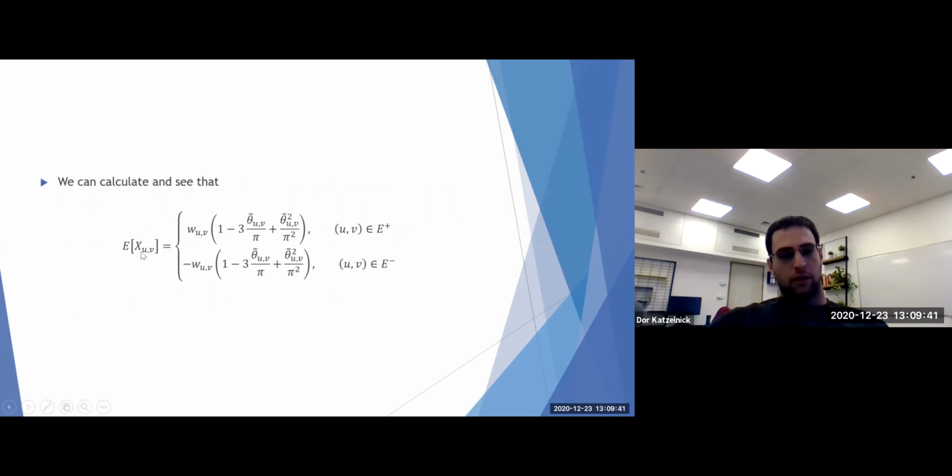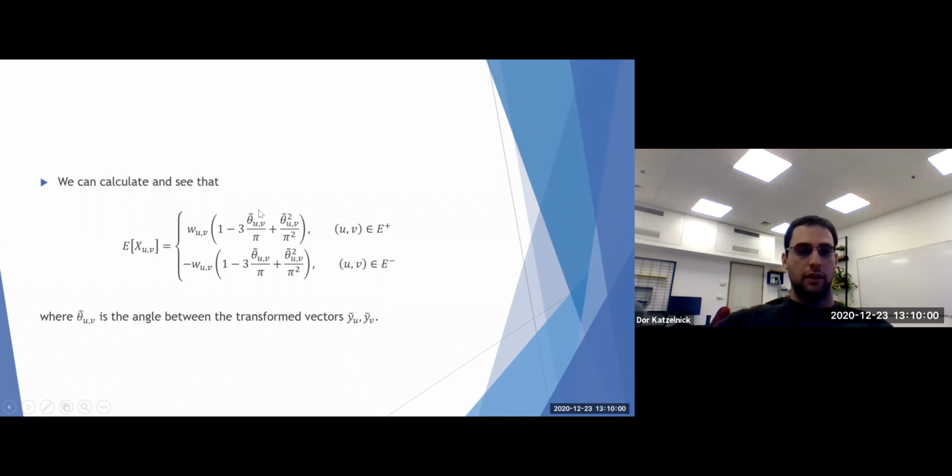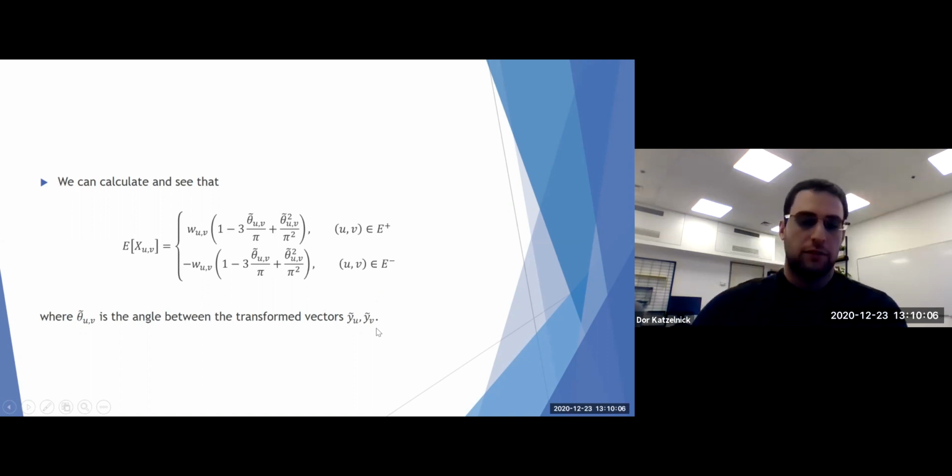So the expected contribution of the edge UV will be equal to this expression if UV is a plus edge, or just the minus of this expression if it is a minus edge. And again, here, theta UV is the angle between the new vectors, YU and YV, after the transformation.